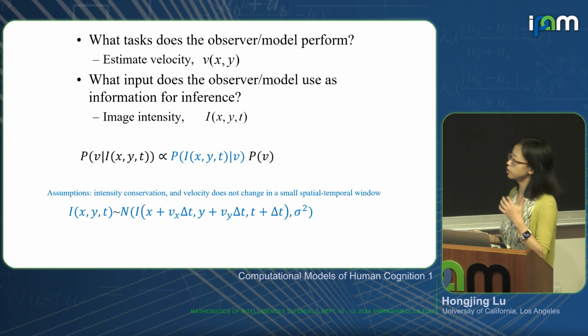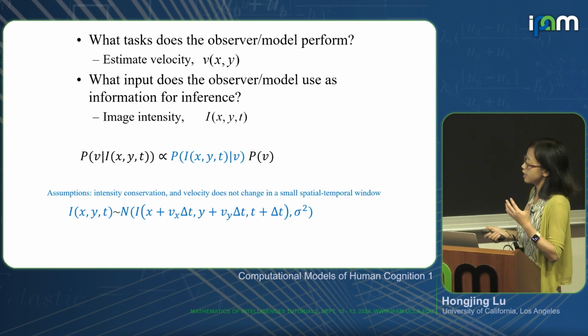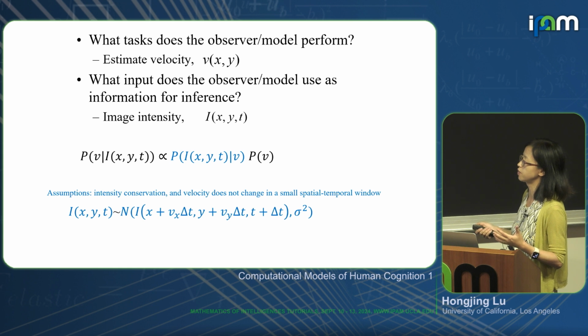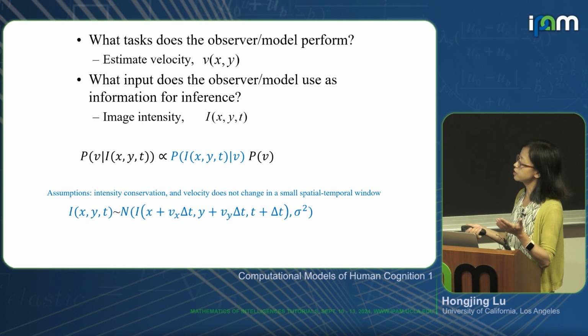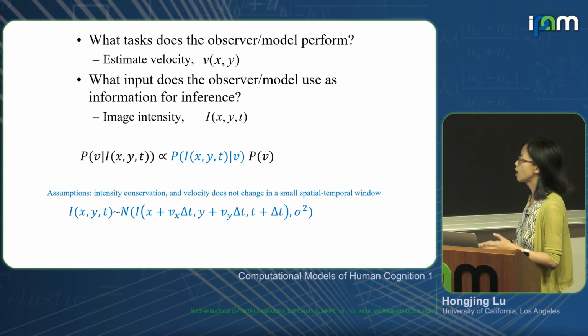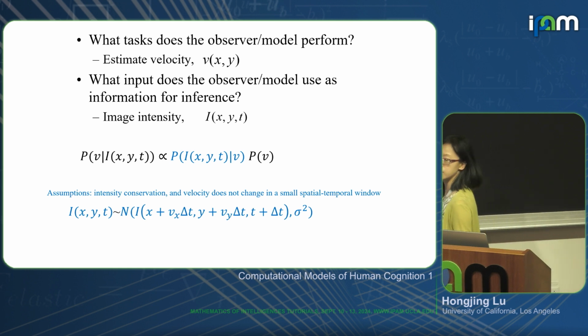So if we just adopt the Bayesian approach, we can look at the problem from the computational perspective. What we have here is a set of image frames, and what we want to infer is the velocity of this object. We can decompose it into the likelihood and the prior. For the likelihood, we add constraints.